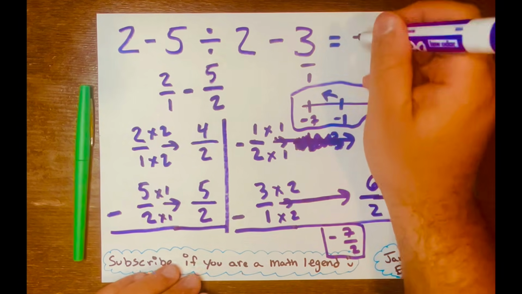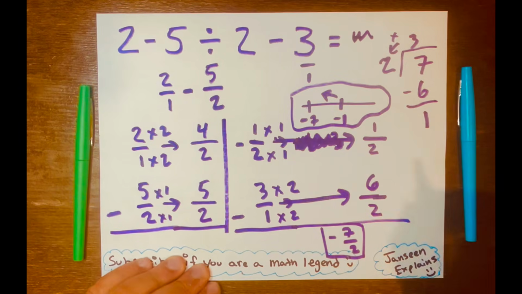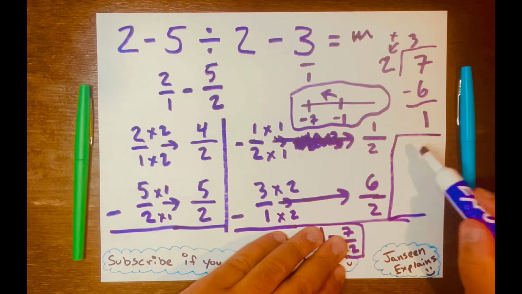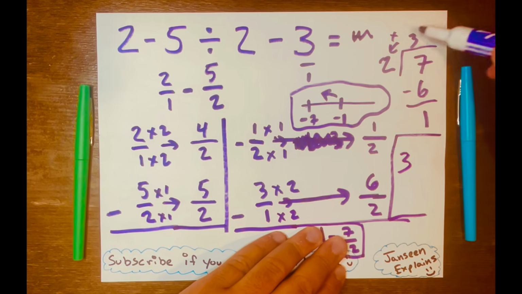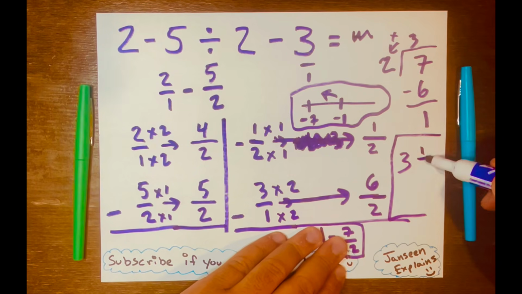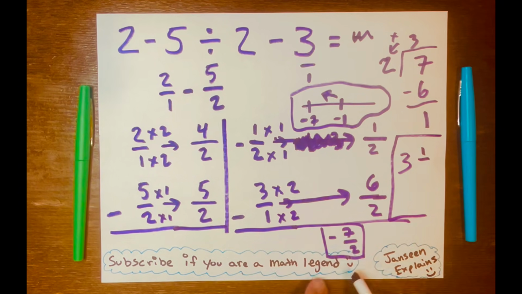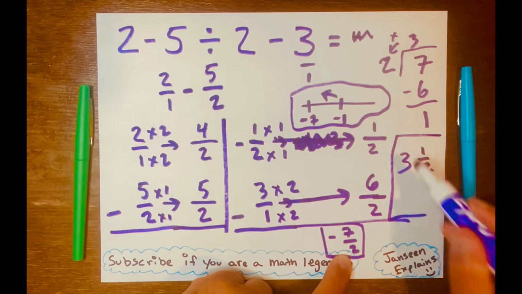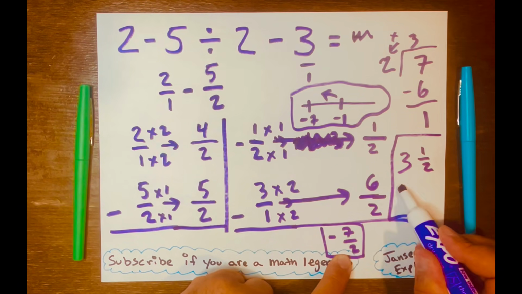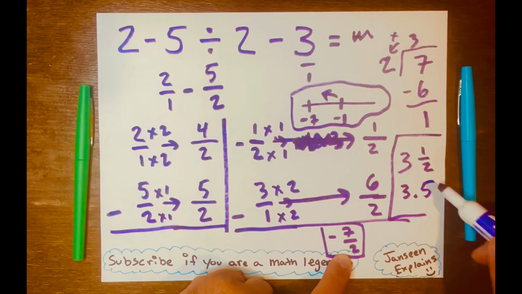So your mixed number answer, I ran out of space there, I'll just write the answers here. Your mixed number answer will be 3, the whole number. 1, the remainder, will be the top number of the fraction, and then your denominator 2. And we know that that's a half, or 0.5, so our decimal answer is 3.5.